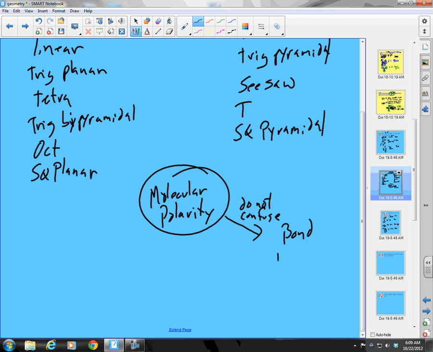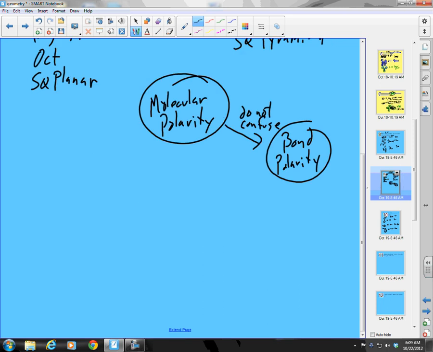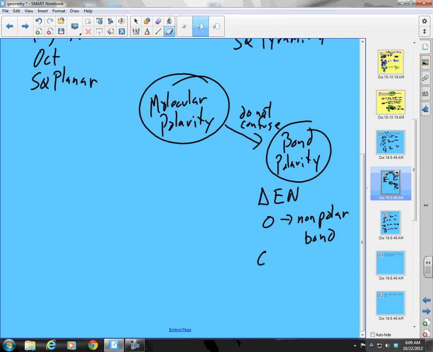Well, bond polarity is what we did long ago in another lecture where we looked at the delta electronegativity. Remember we said, if this delta is 0, that is a non-polar bond. And if it's greater than 0, if the difference in electronegativity is greater than 0, then we said it's a polar bond.